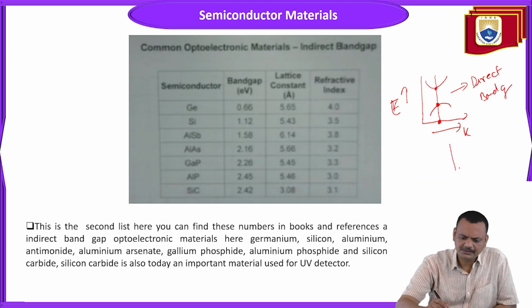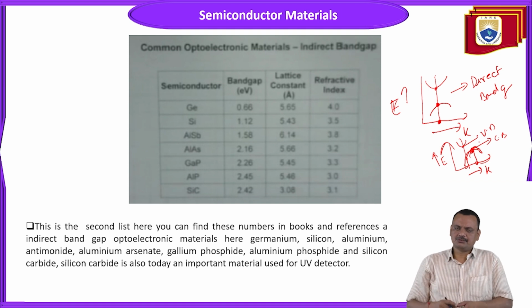And if the situation is different, let's suppose like that. Here the minimum of the conduction band and here the maximum of the valence band lie at different K points, two separate K points. Such a situation is known as an indirect band gap material.